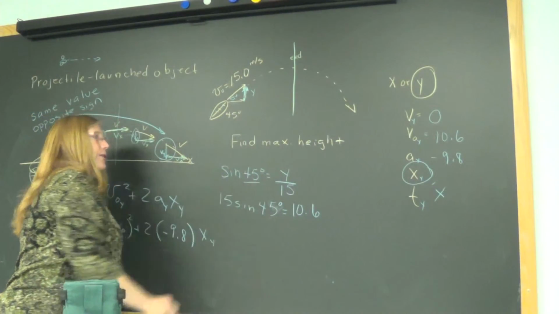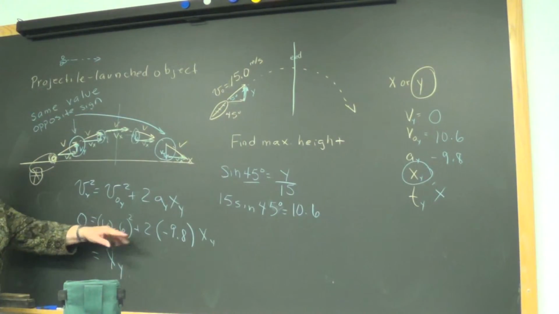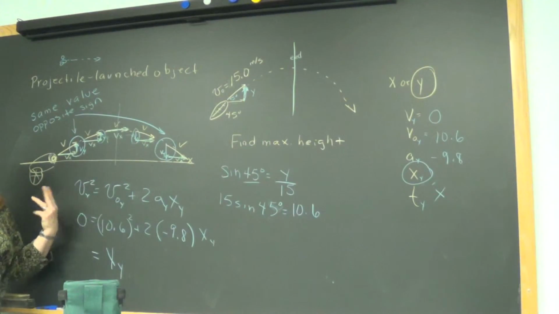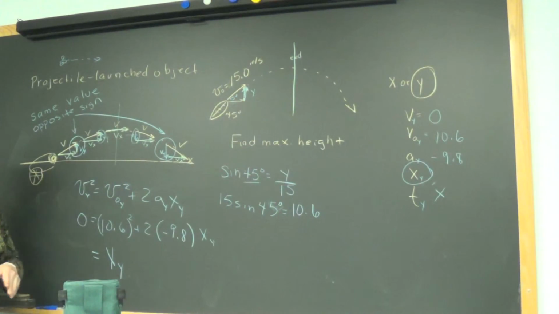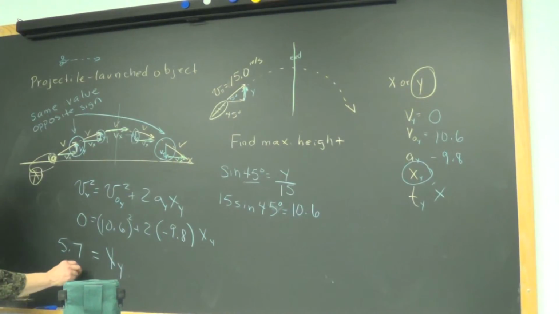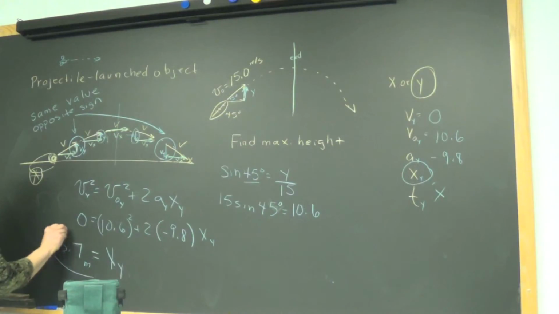So if you did 2 sig figs here and here before you moved it and divided, and then did 2 sig figs at the end, you get 5.7, and we would have as well. So 5.7 or 5.73, and that is the distance. It's in meters, and that's how high it went.